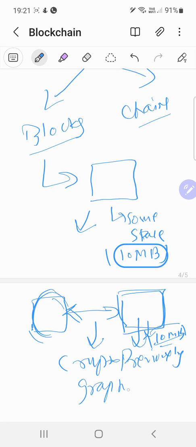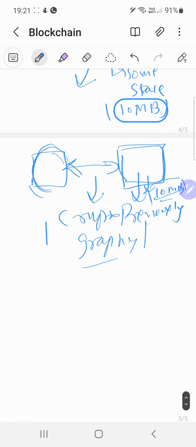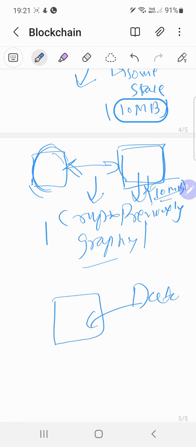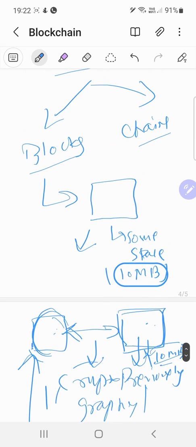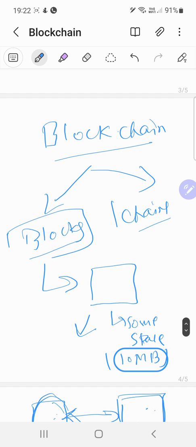Then I am going to create a new block and start pouring data into it, and I will try to fill up this 10 MB space, and as soon as it is filled up, I am going to attach this block to the two previously created blocks, again using cryptography. Okay, so this is how I create blocks and chain these multiple blocks, and that is why we call these blockchains.